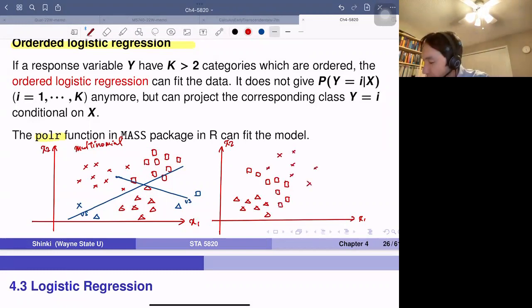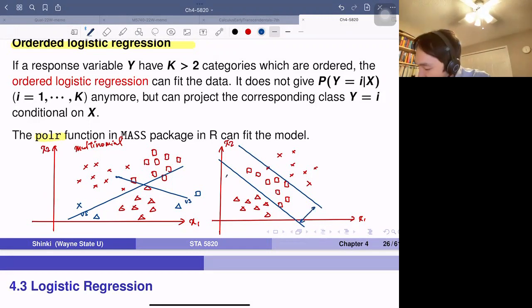We only allow one direction, and we use parallel lines to separate the triangle and the square and the crosses.